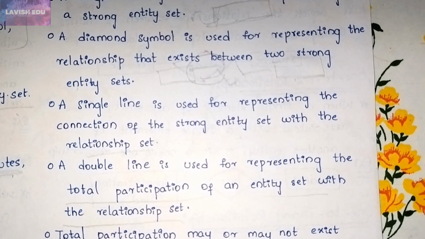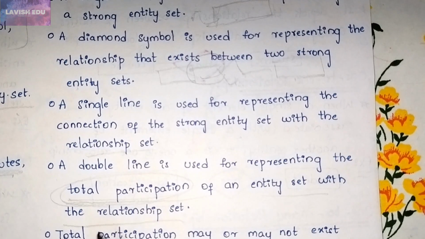Total participation may or may not exist in a relationship. What is this total participation? In further classes we will see total participation and partial participation as well. Total participation means the entity will depend totally on this relation.